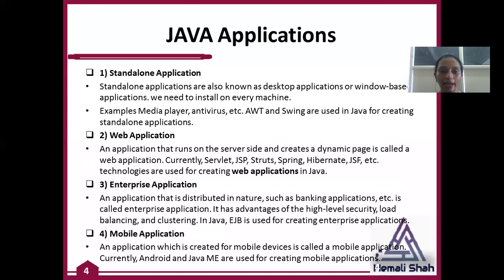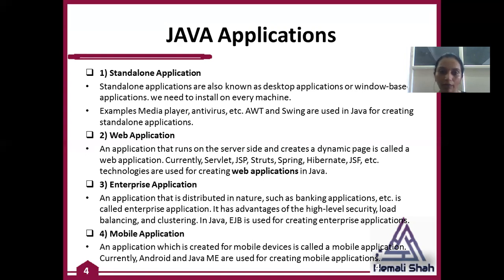Third is the enterprise application. First, let's clear what an enterprise application is. It is an application that is distributed in nature, such as a banking application. Just think about a banking application.